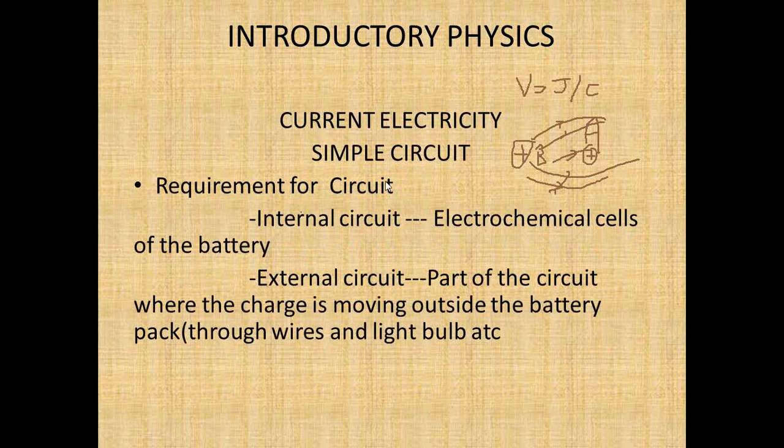And we talk about the internal circuit. The internal circuit is the electrochemical cells of the battery, or any energy supply. At your house, you don't have batteries. The electric company supplies you with the energy.